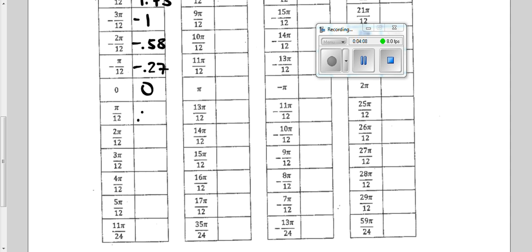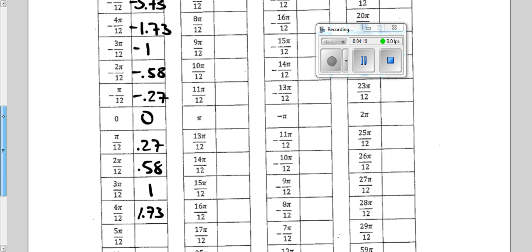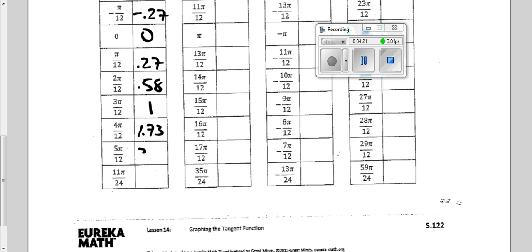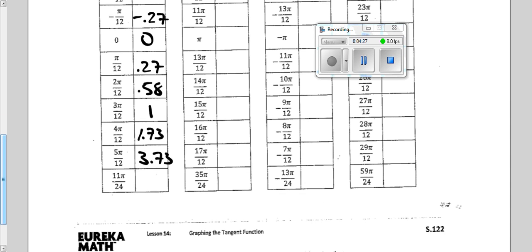So now I've got 0.27, 0.58, 1, 1.73, 3.73, and 7.60. All right, those are my values.